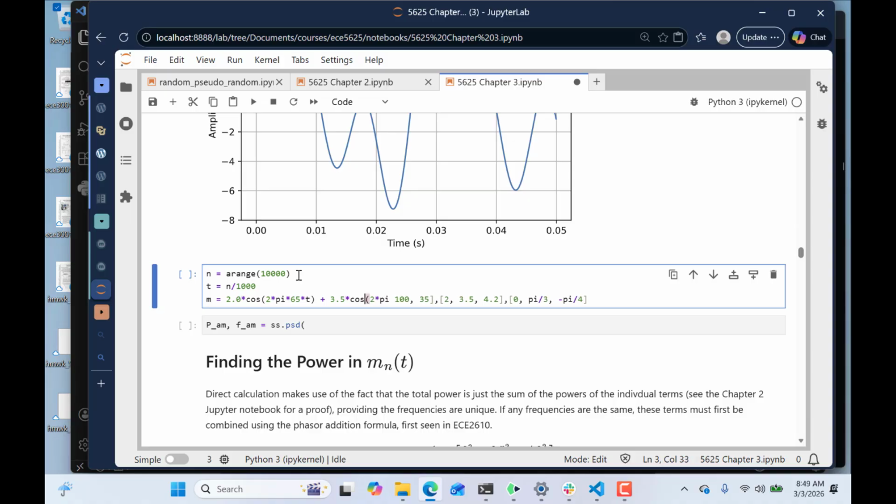And I guess I'm just going to put the phases in. I had 0, and then over here I have 2 pi times 100 times t, and I had a phase of pi over 3 on that one.